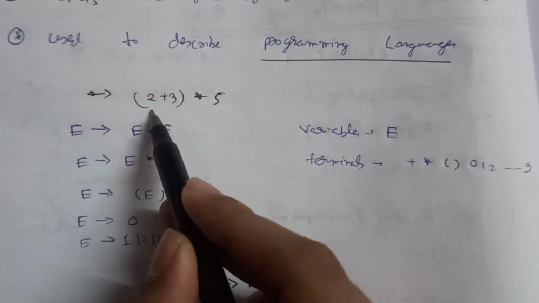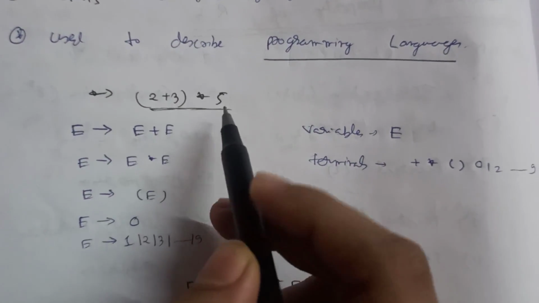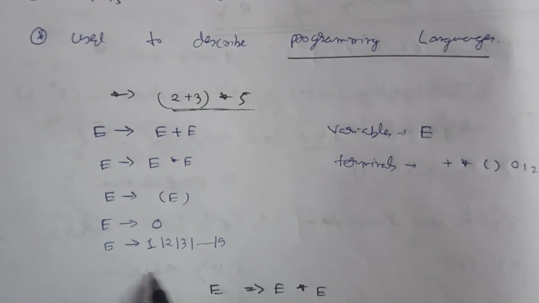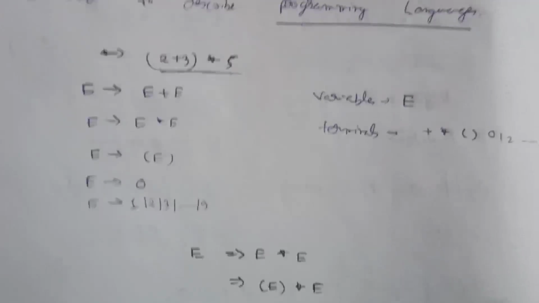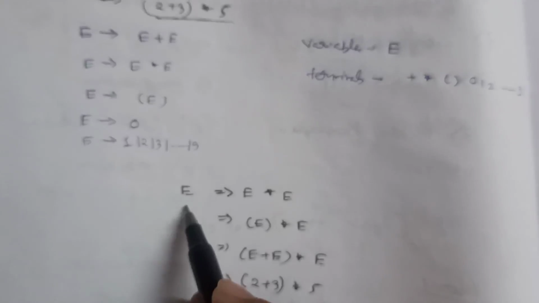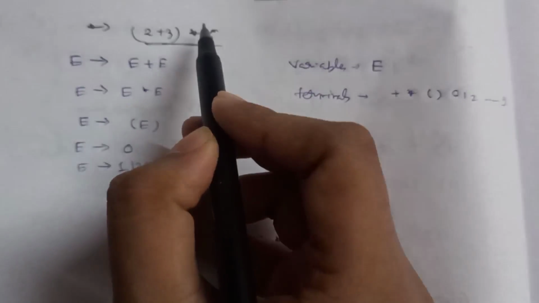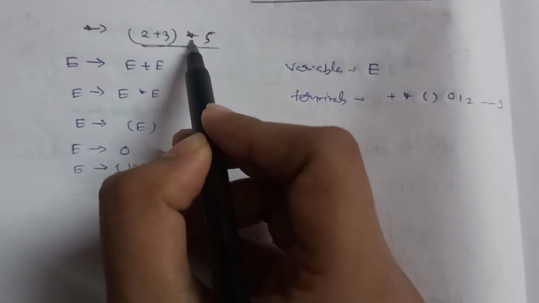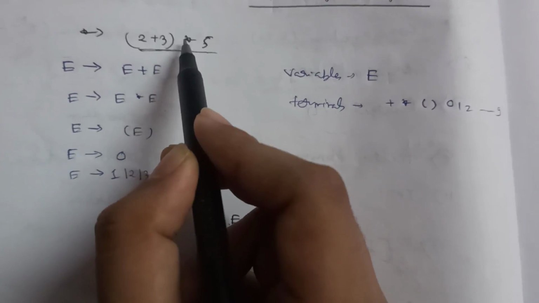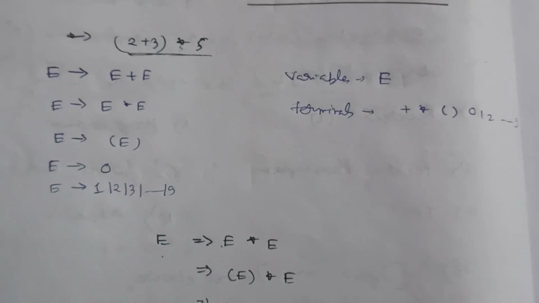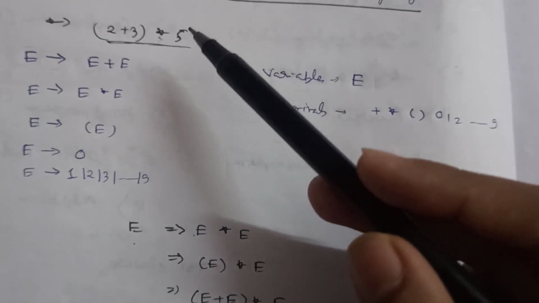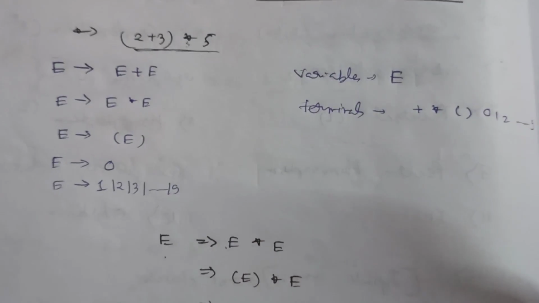Now let's check something similar. Suppose this is the string we are generating, and these are the production rules of our context-free grammar. How do we generate this string from these rules? From E we have E star E, because the star should be handled first, since multiplication is done first in mathematics, as you already know.